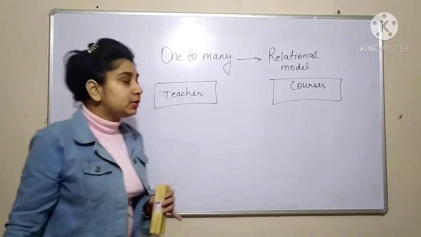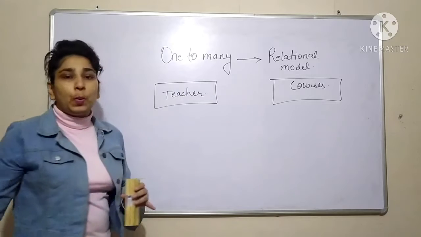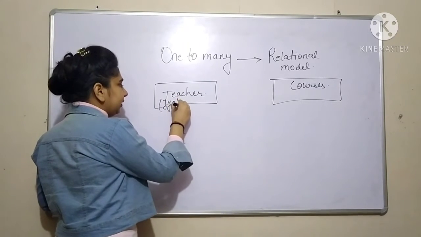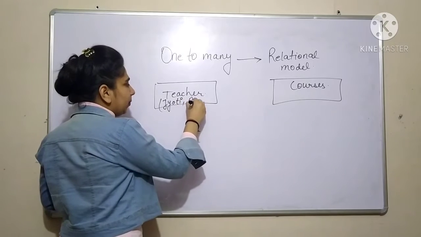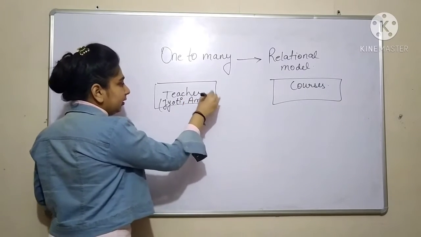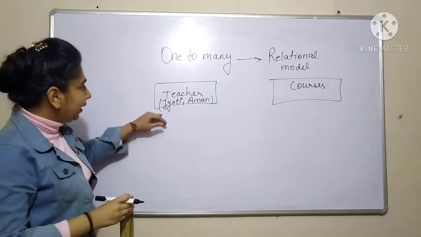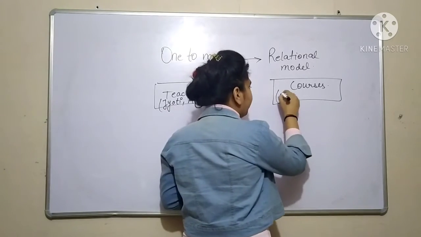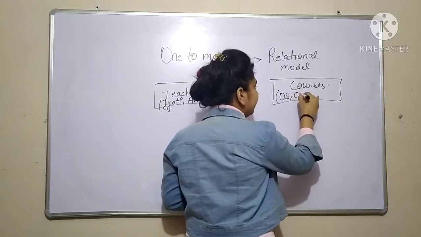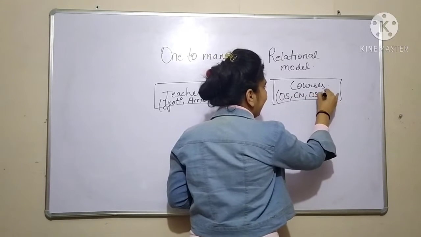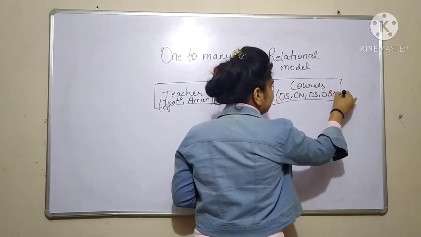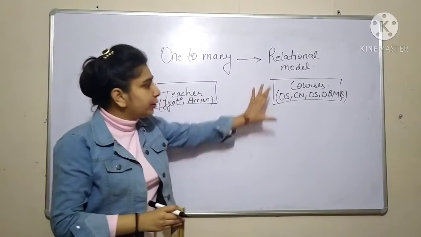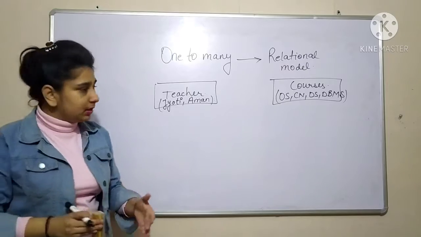Let's suppose we have a number of teachers like Jyoti and Aman, and we have several courses like operating system, computer networking, data structure and DBMS. Let's assume that these four courses are present.